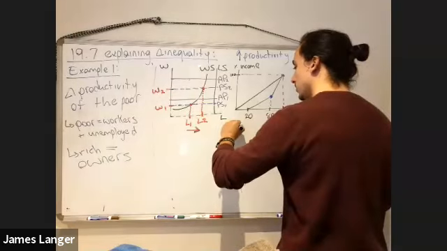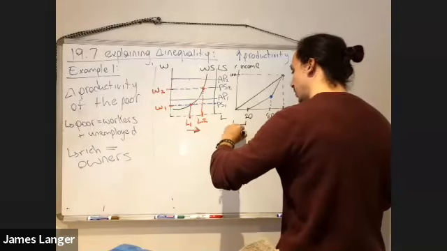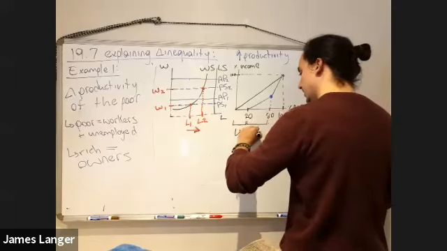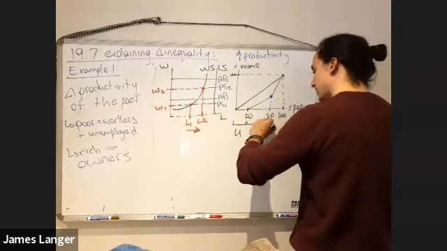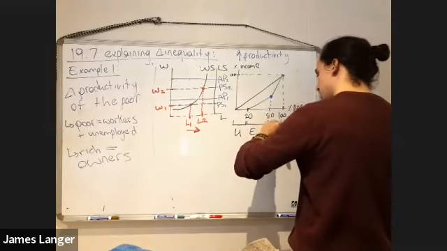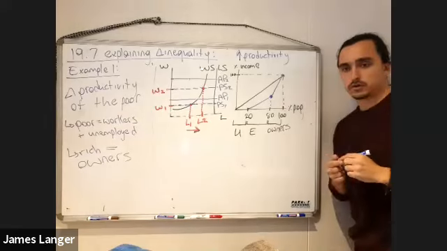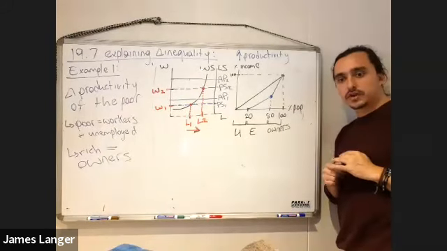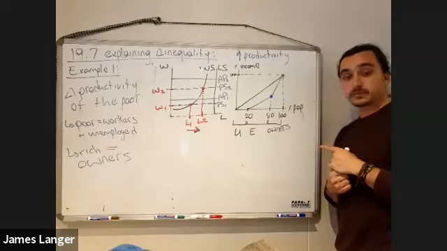So this would be my unemployed, this would be my employed, my workers, and this would be the owners. Is everyone with me? Guys, let me know if we're following this, please.